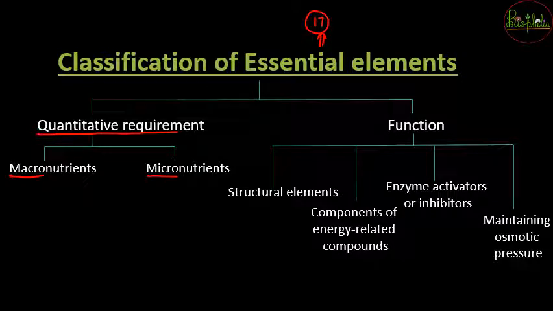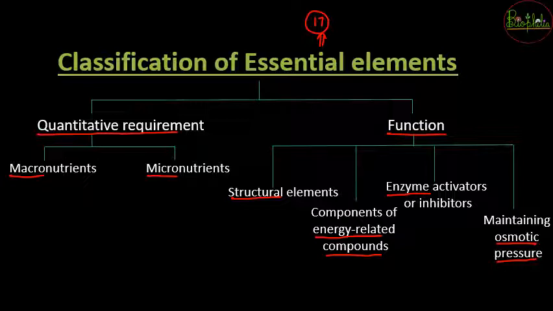Second basis होता है on the function that they serve for the plant. So if the essential element is serving as a structural element, or if it is involved in energy related compounds, or if it is acting as an enzyme inhibitor or an activator, or if it is functioning as an osmotic pressure maintenance element, then based on the different types of function, they are classified accordingly.